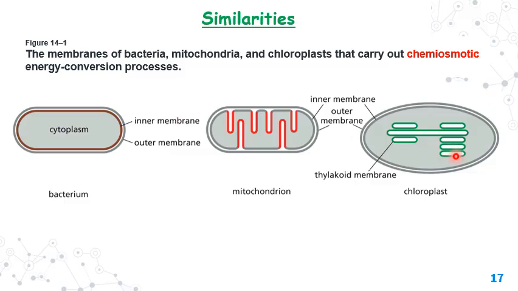Here, those complexes are going to be inside of those thylakoid membranes, still the process of chemiosmotic phosphorylation. The gradient of protons in the mitochondria is in the intermembrane space. The gradient of protons in chloroplasts is going to be inside of those thylakoid spaces. So this is called the lumen of the thylakoid. This is where you're going to have a lot of those protons, and they're going to flow out of there in order to make the ATP.